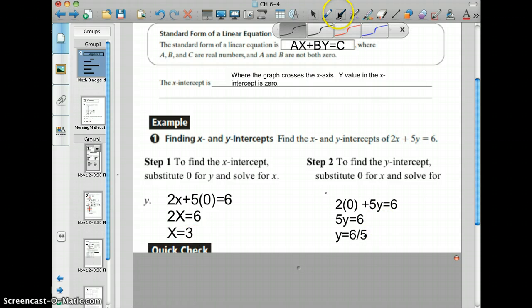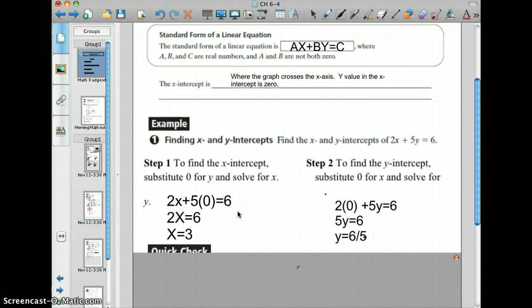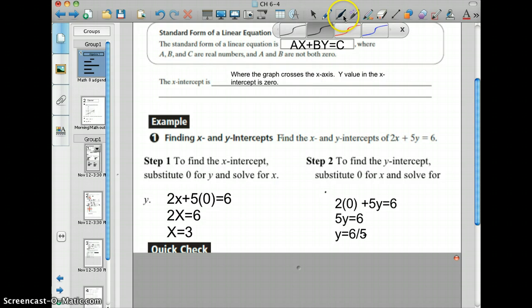Now, if you're asked to write these as a point or to plot the point, remember that x is 3, y is 0. So that's your x-intercept as the point, okay? The x value of the x-intercept is 3.